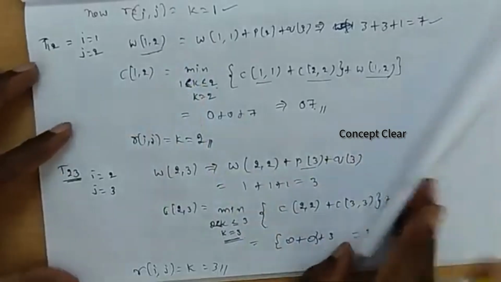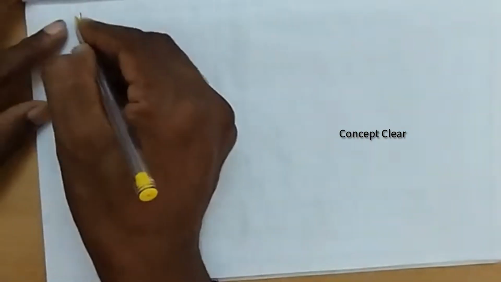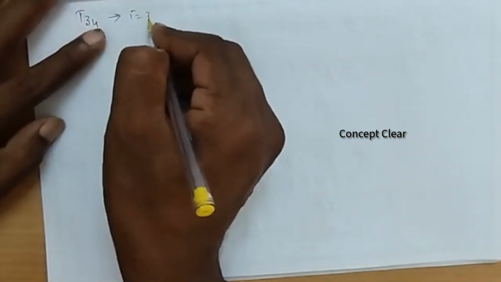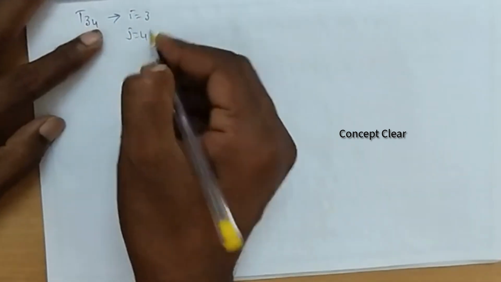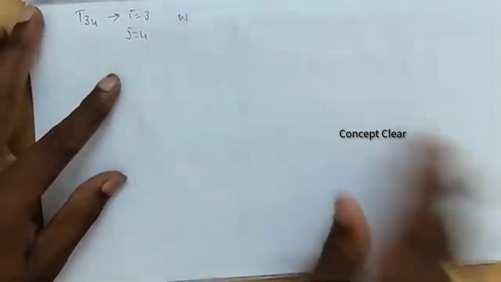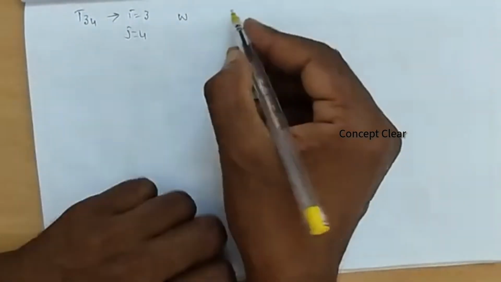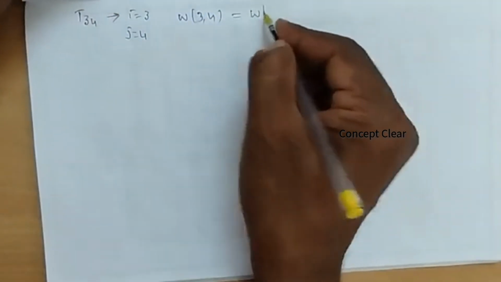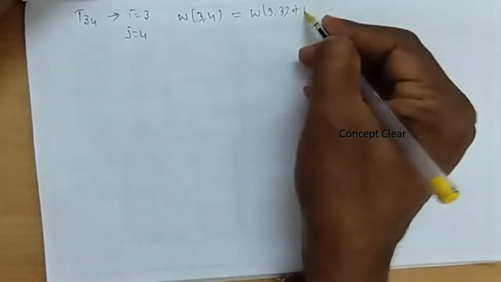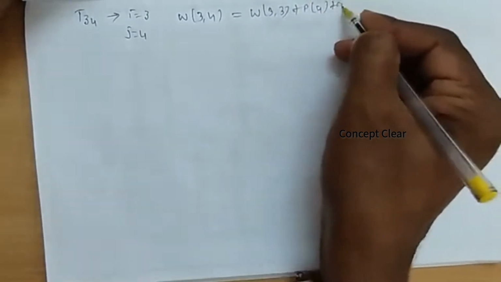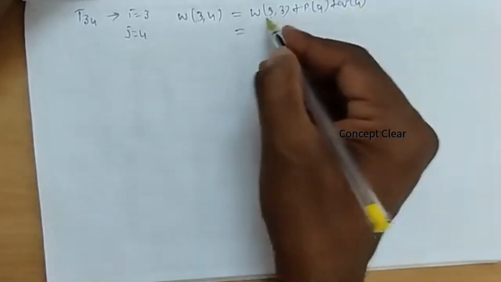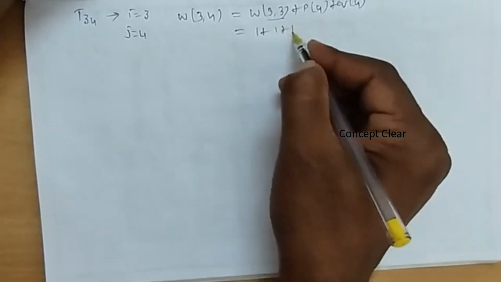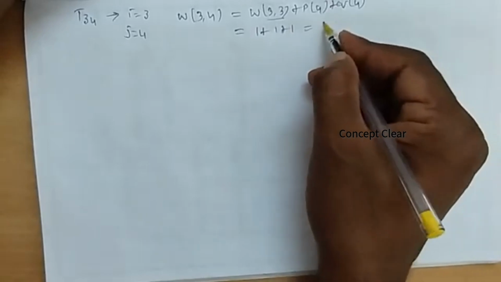Next, T of 3 comma 4. Here what is I value? I value is 3, J value equals to 4. Here I am finding W of 3 comma 4, that equals to W of 3 comma 3 plus P of 4 plus Q of 4. What is the value? W of 3 comma 3 means 1 plus 1 plus 1, that equals to 3.